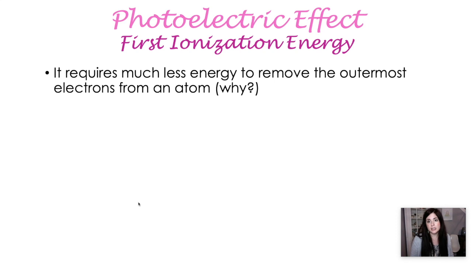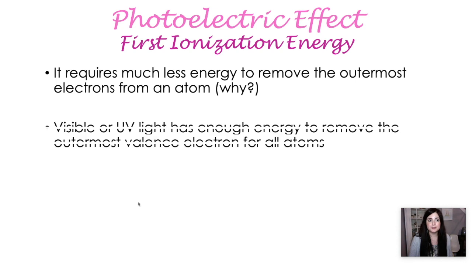So how does this relate to what we're talking about with electrons? Well, let's take an example here. It requires much less energy to remove the outermost electrons from an atom. We've talked about that already. Those electrons aren't pulled in as close to the nucleus because of Coulomb's law. The farther away electrons are from the nucleus, the less strong a pull the nucleus has on them, so they're easier to remove the larger the atom gets.